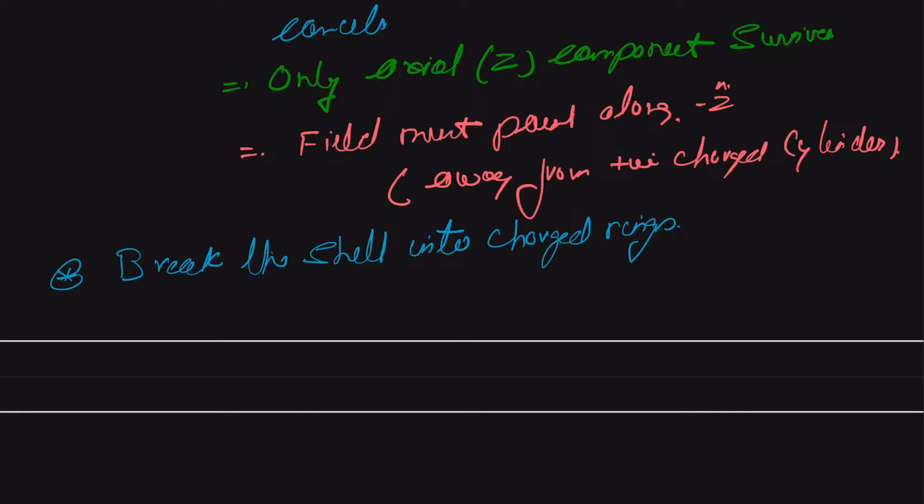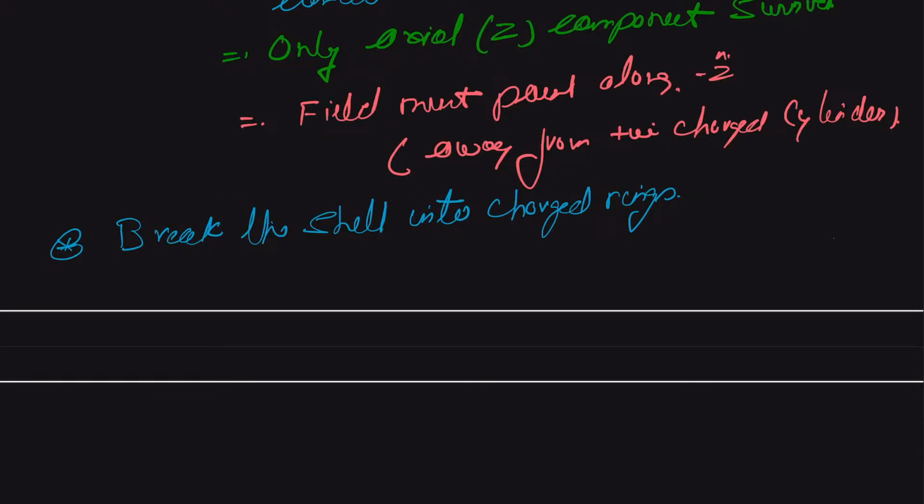And let us suppose this is our charged ring, and we have the center, and this is its radius r, and its thickness is dz. Thickness of this we have taken as dz.